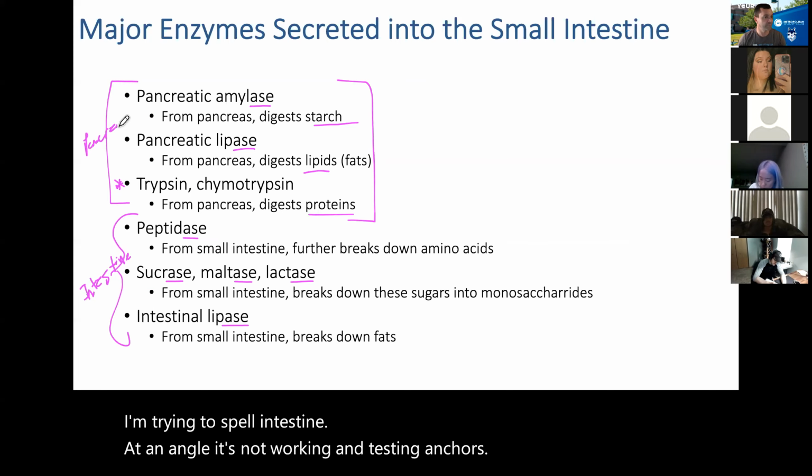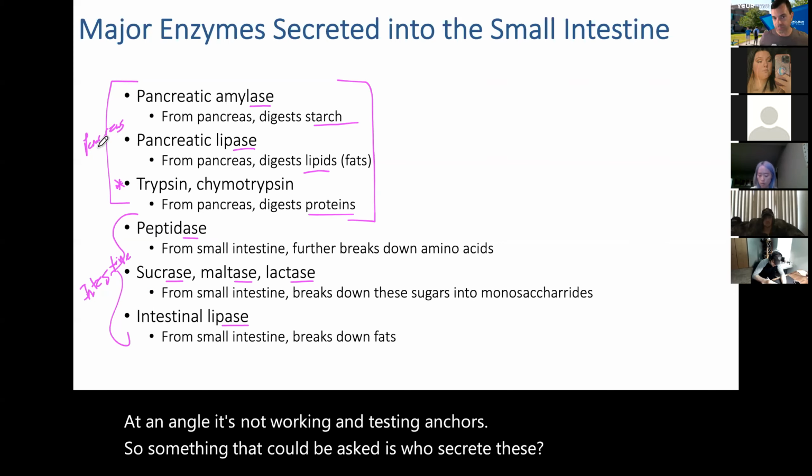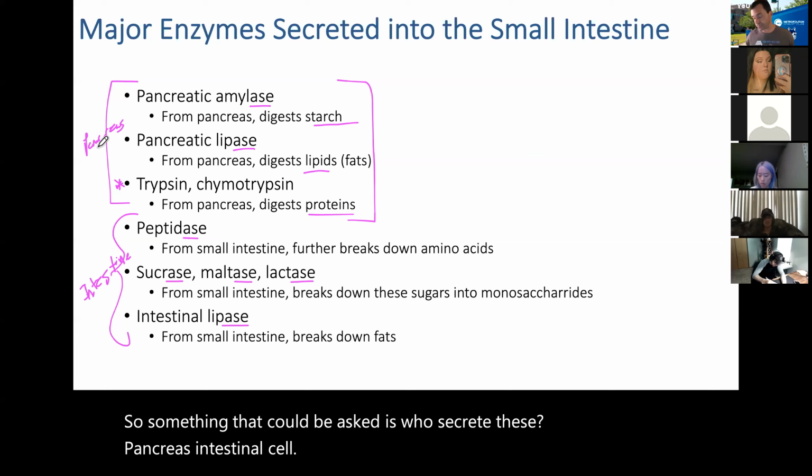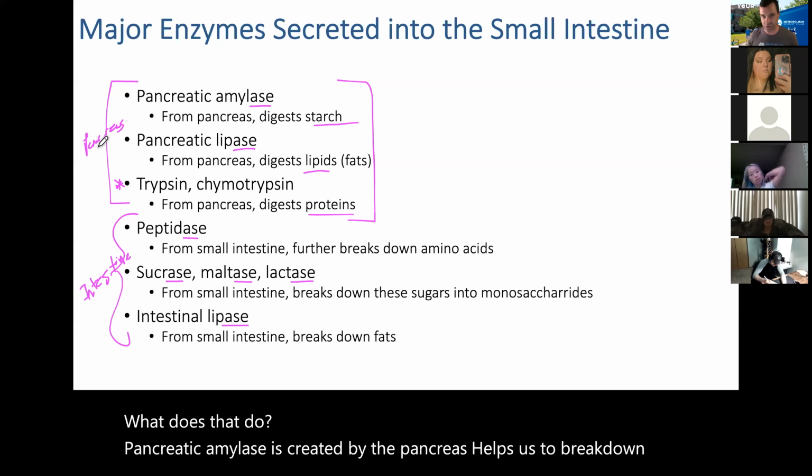Something that could be asked is who secretes these? Pancreas, intestinal cell. What does that do? Pancreatic amylase, secreted by the pancreas, helps us to digest starch.